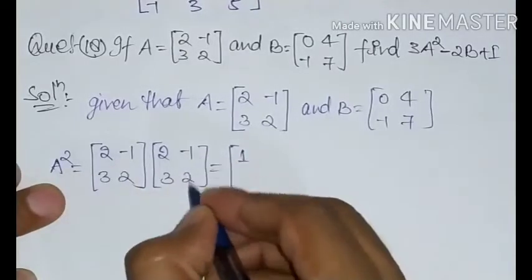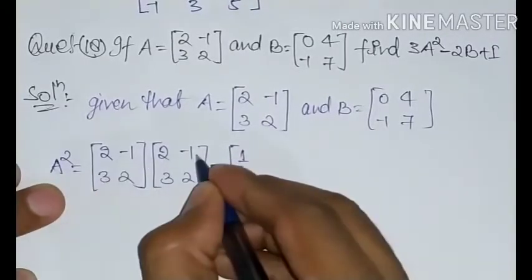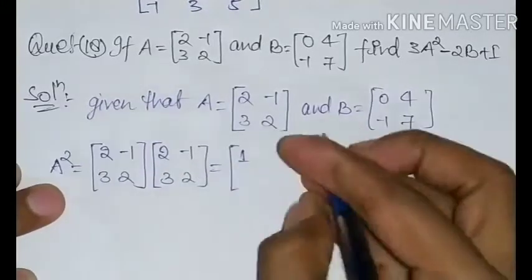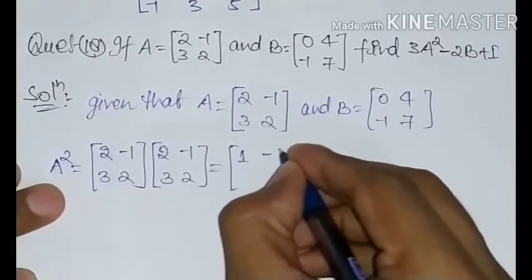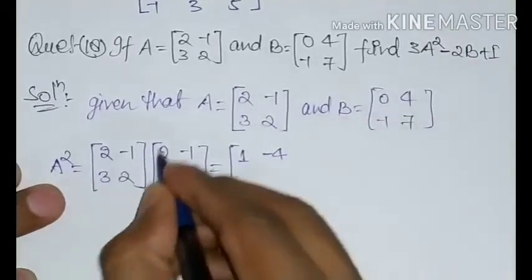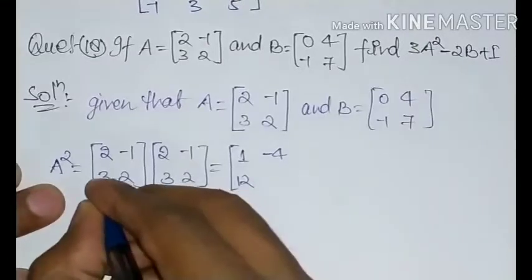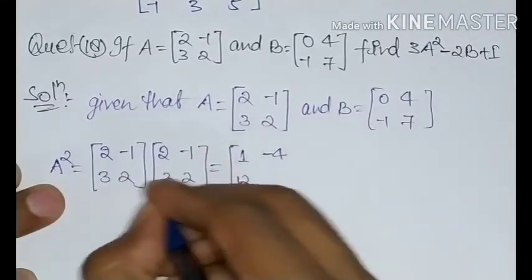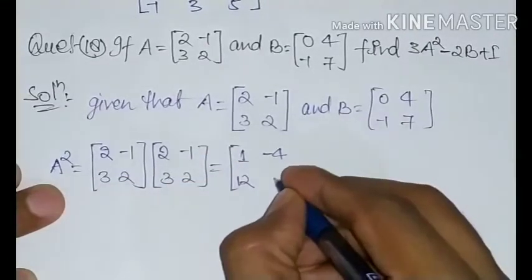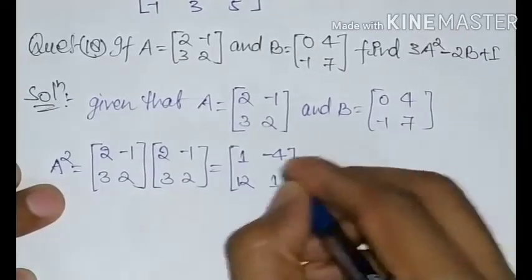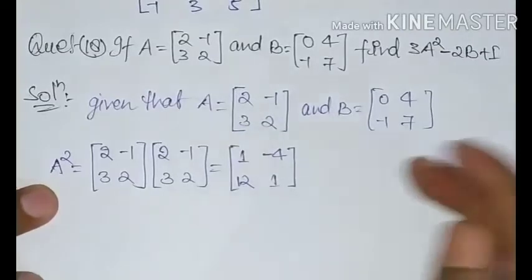First row and second column: 2 times -1 is -2, minus 1 into 2 is -2, so -4. Second row and first column: 3 2s are 6, 3 2s are 6, so 12. Second row and second column: -3 plus 4 will be plus 1. This is the value of A square.